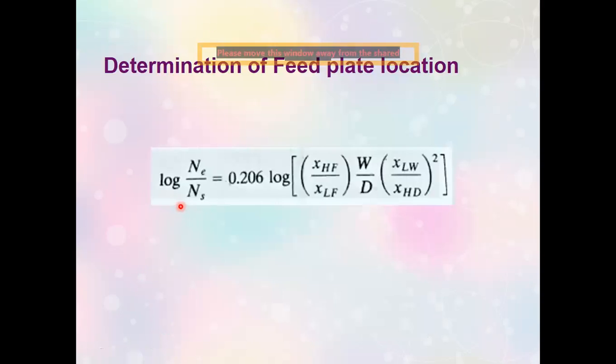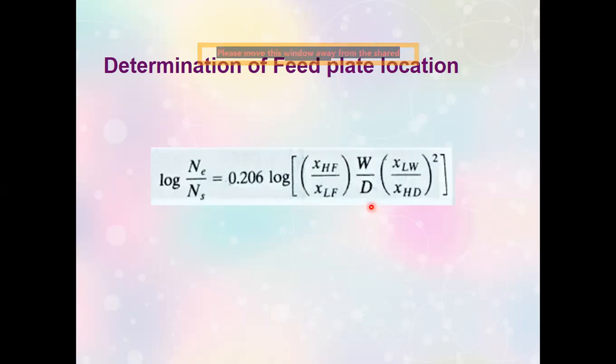Now, in the next slide, you are given the ratio of the theoretical number of stages in the enriching section, that's the N sub E, and the number of stages in the stripping section. This is a formula given by Geankoplis.